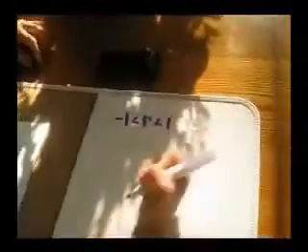Alright, so part C of number 41 says determine whether the series converges or diverges, and if it converges, find the sum. Well, it clearly converges, and that's because our r value is between negative 1 and 1. And to find the sum, use this equation.